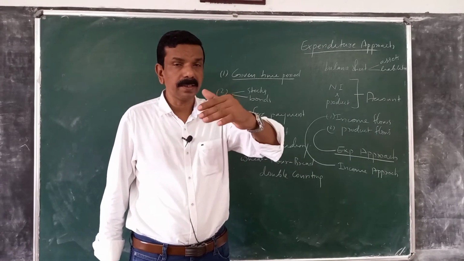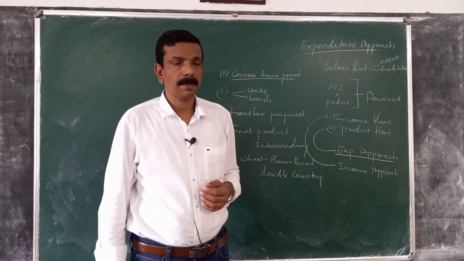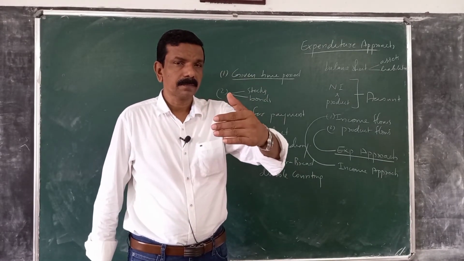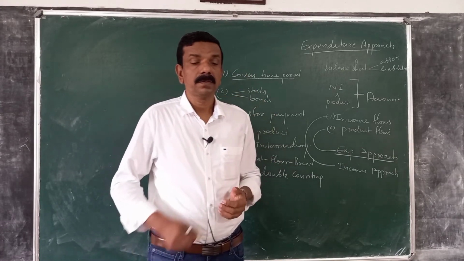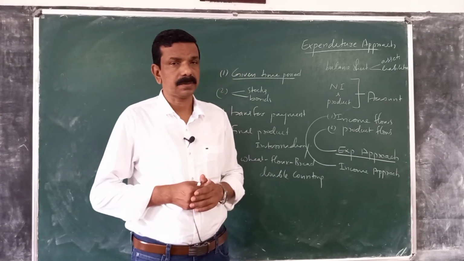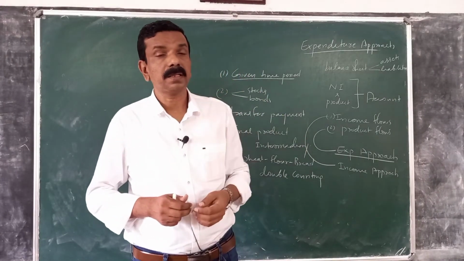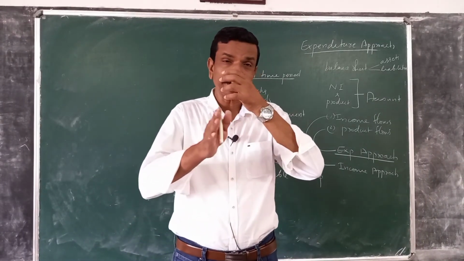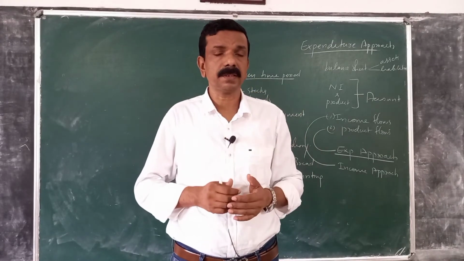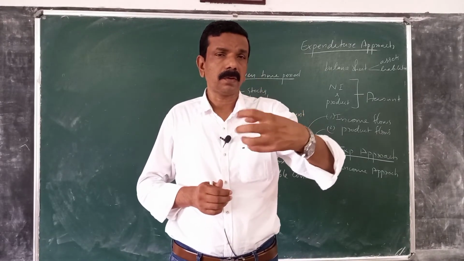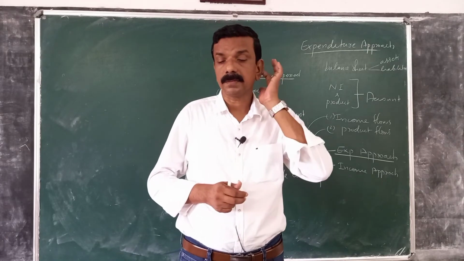Either you add only expenditure on value added or you use only expenditure on final goods and services, because the definition is money value of all final goods and services. So we consider only expenditure on final goods and services. Otherwise, you will overestimate the true national income.